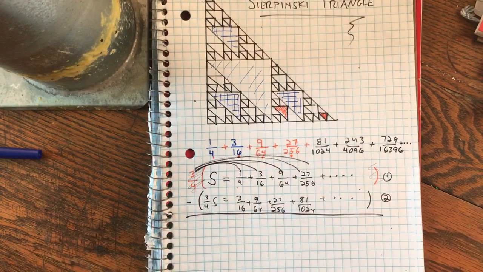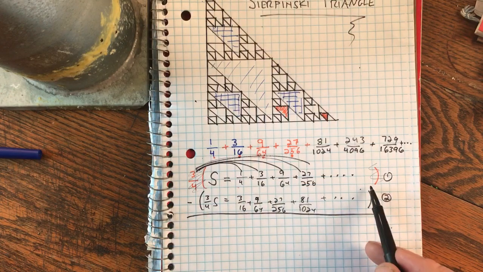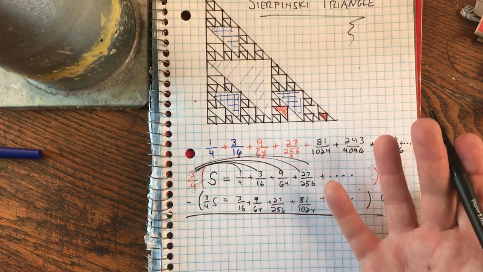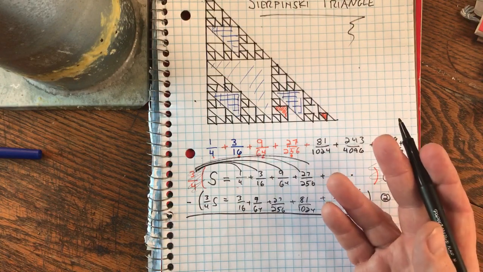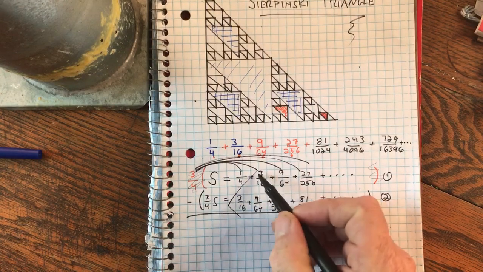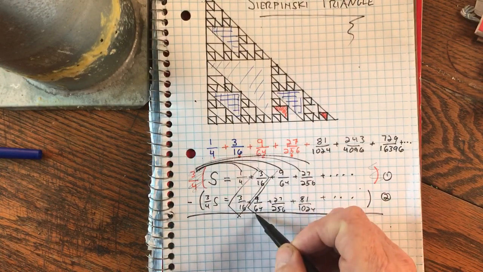Well, each side presents its difficulties. Because look at this, I have an infinite list of numbers here and an infinite list of numbers there. How can I subtract an infinite list from an infinite list? Well, notice, these two fractions cancel. And these two fractions cancel.